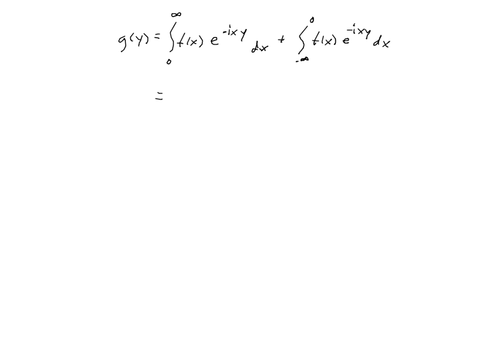So we can write our g of y in this case as the integral from 0 to infinity of f of x, e to the i xy plus e to the minus i xy, dx if f of x is even.